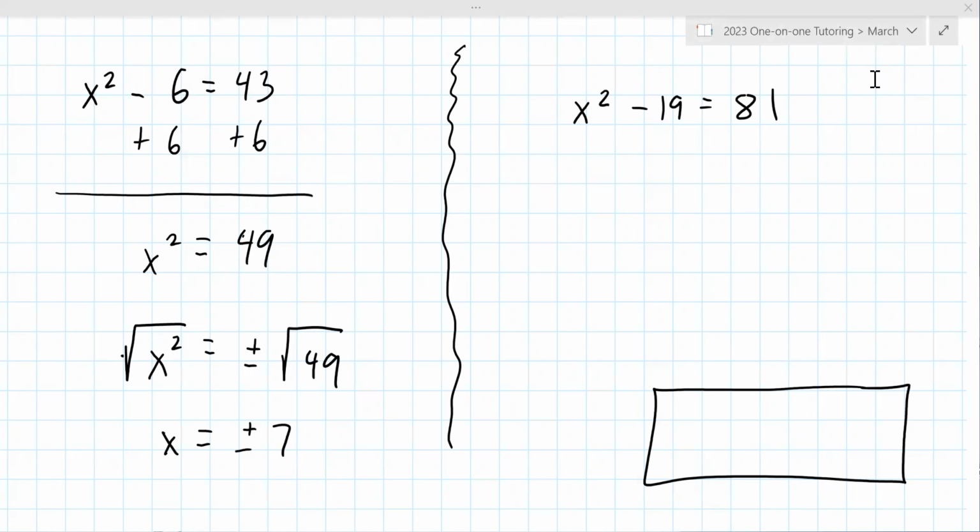Okay, so you add 19 and then you get the square root of 81.